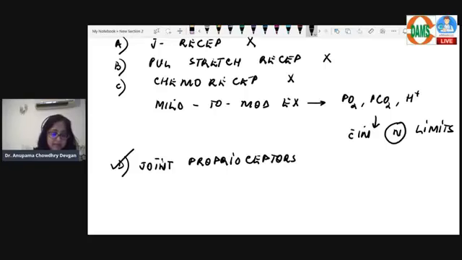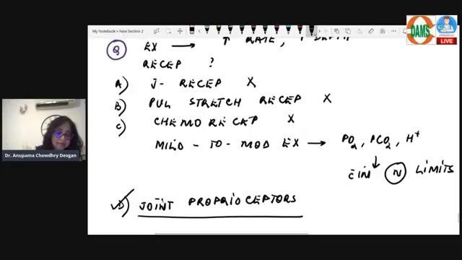Whenever you're exercising, joint proprioceptors will be stimulated. They send excitatory impulses into the respiratory center in the medulla, increasing rate and depth.